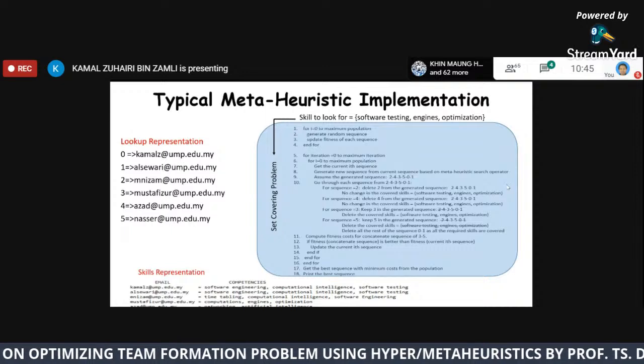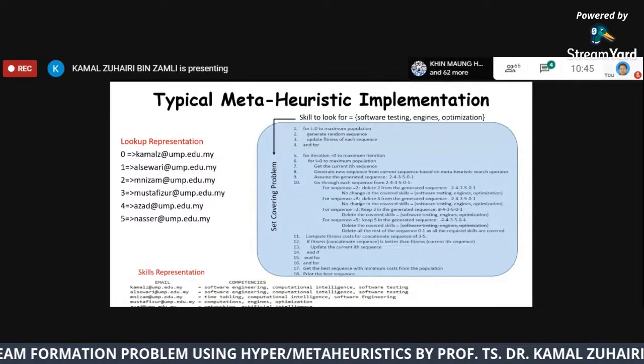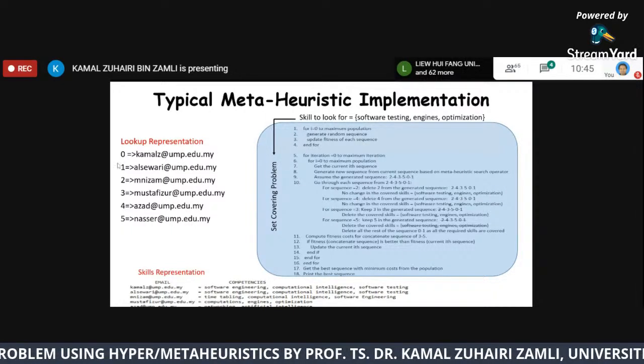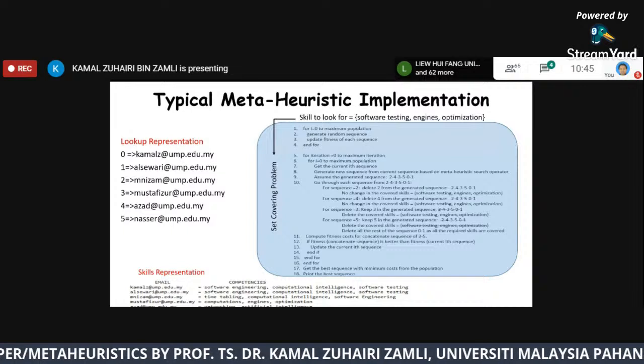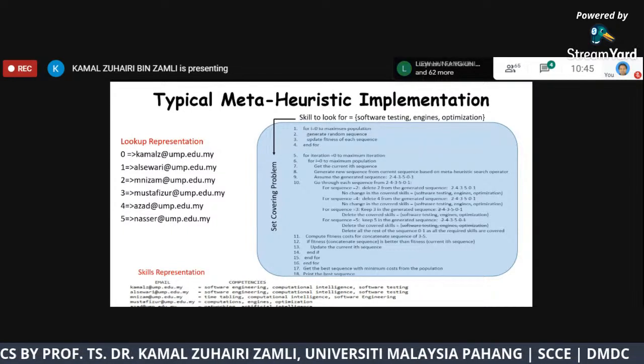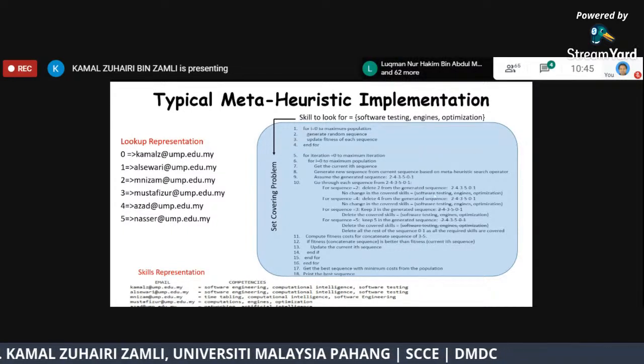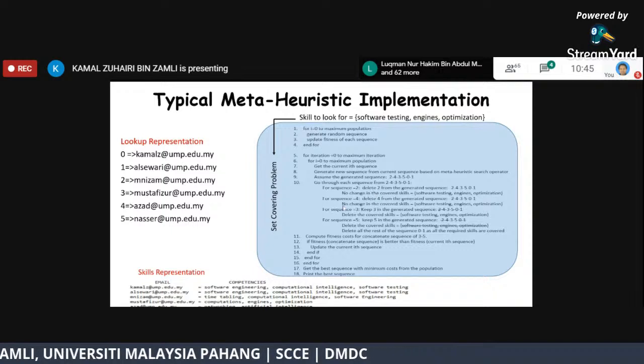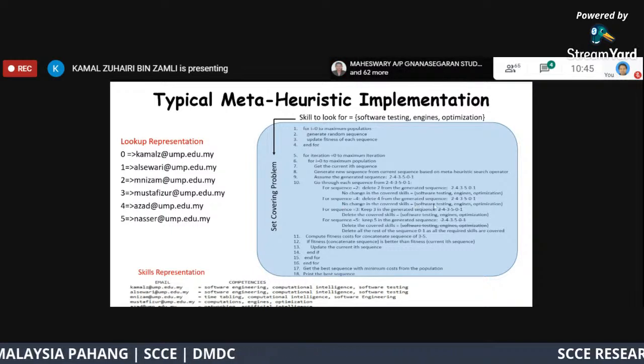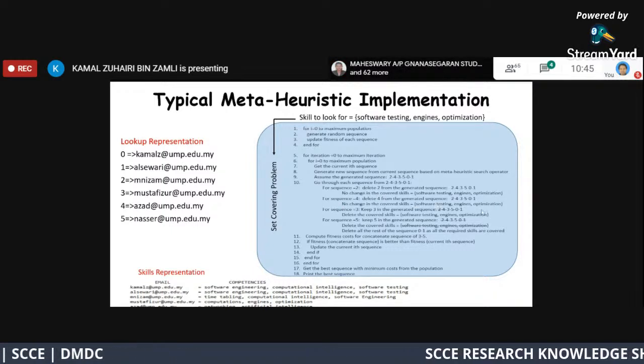Then I go to sequence 4. Sequence 4 is actually Azad, and Azad has networking and artificial intelligence. Again, I delete 4 and there is no change in the covered skills because Azad does not have any of the skills I require.